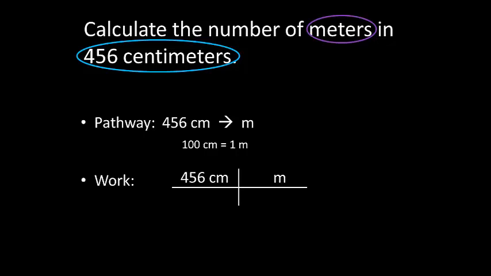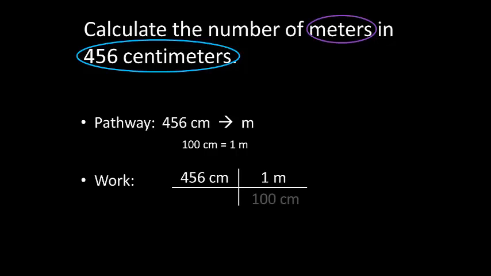Put the other units in the pathway in the top boxes in order. We only have the meters for this one, but that's going to help us with making the conversion factor into a fraction. The conversion factor is 100 centimeters equals 1 meter. The meter unit is on top, and the 1 has to go with the meters, so the 1 also goes on top.